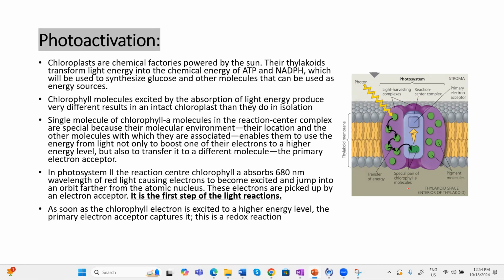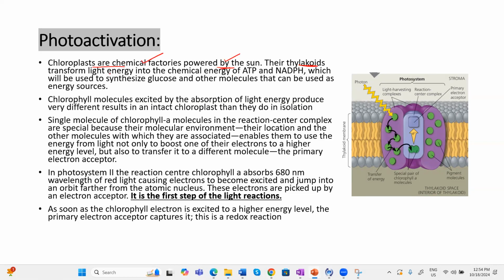Two types of photosystems are there, photosystem 1 and 2, and they differ with respect to the chlorophyll molecule whose reaction center is different. In PS1, the reaction center is 700 nanometer, and in PS2, the reaction center is 680 nanometer.